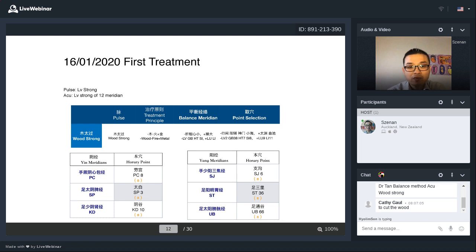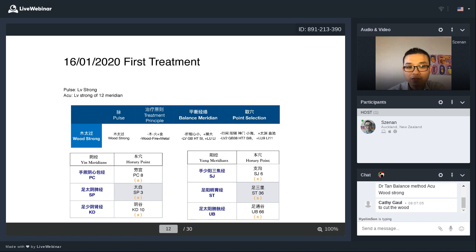Then the rest of the meridians, the 12 meridians. Magical 12 means, to cut the wood, that for each meridian you choose one point to treat it. And according to the pulse, we need to focus on wood in this treatment.